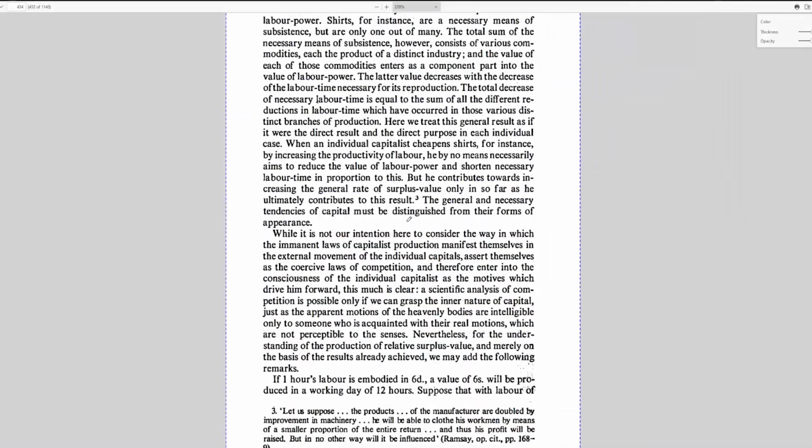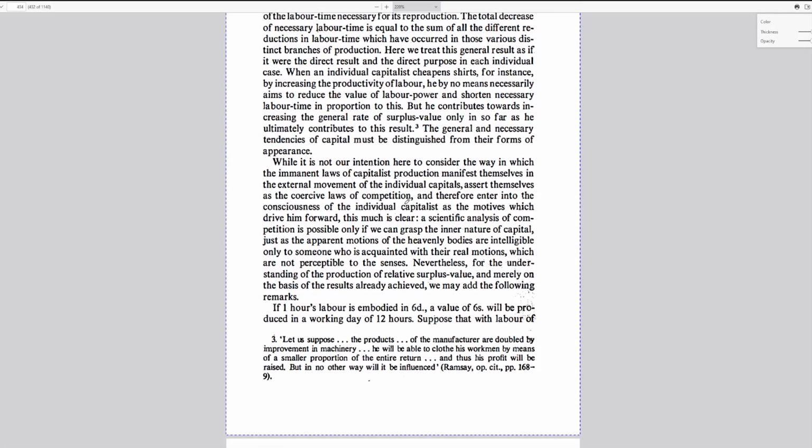Okay, next thing I wanted to call out here, this paragraph. While it's not our intention here to consider the way in which the immanent laws of capitalist production manifest themselves in the external movement of the individual capitals, assert themselves as the coercive laws of competition, and therefore enter into the consciousness of the individual capitalist as the motives which drive him forward, this much is clear.